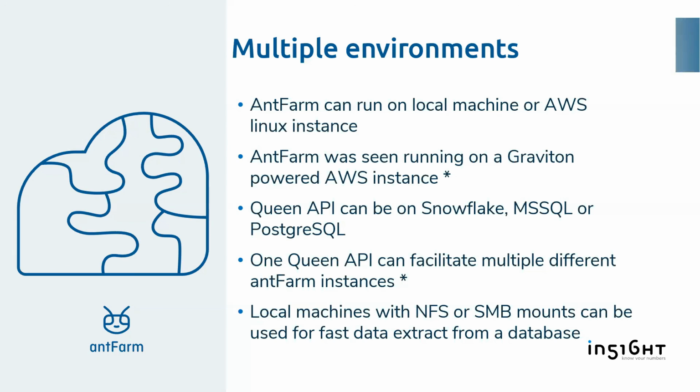Next to all that, antFarm also provides the possibility to set it up on a local machine that has an NFS or SMB mount, and we can use it for a fast data extract from a database. For example, that is possible on Netezza. With Netezza, we can connect to the database, and with SQL commands, we create an external table that can be seen with antFarm, and with that, we can export data in CSV format at great speeds.